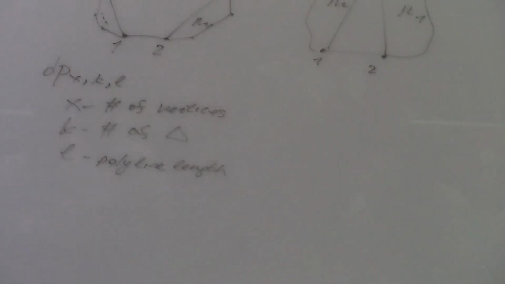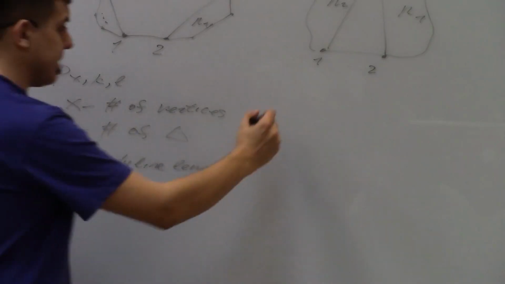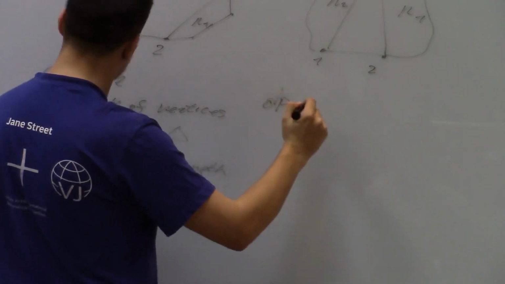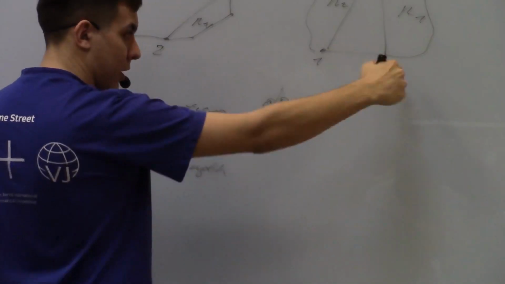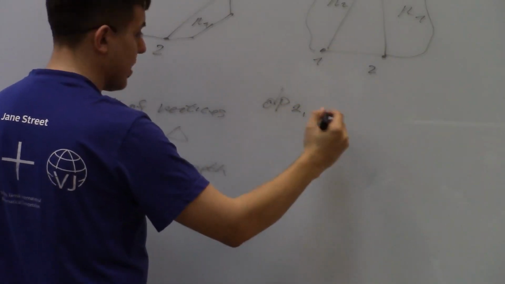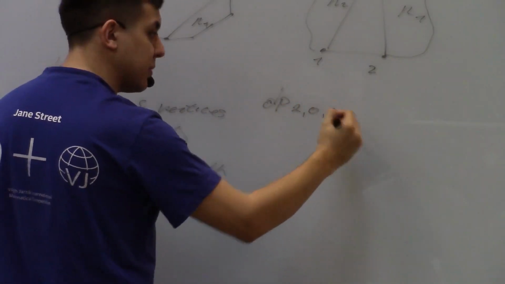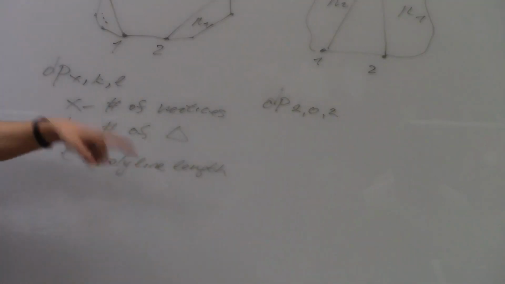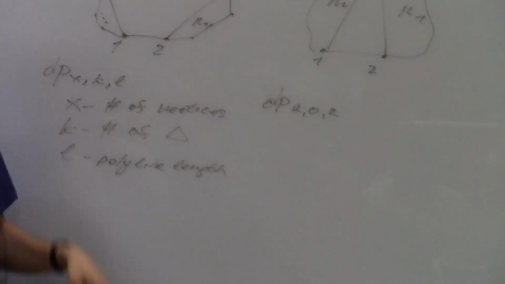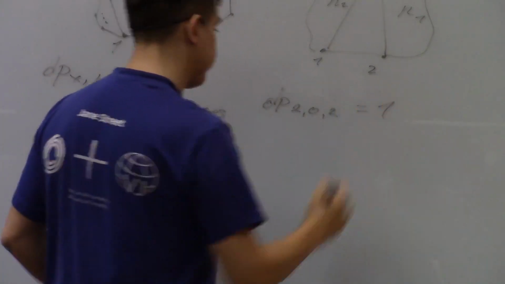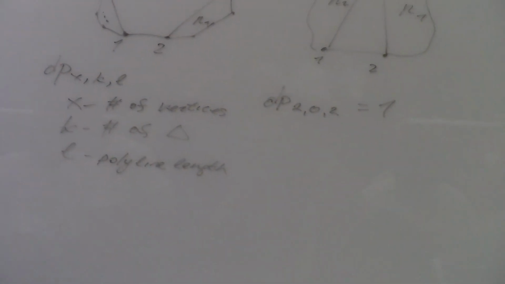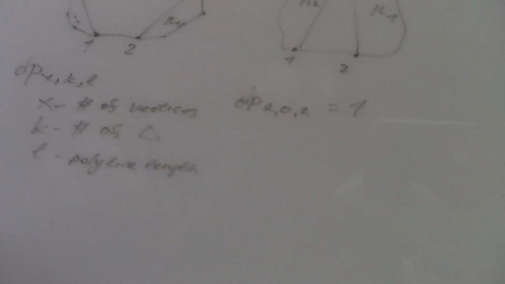And so the initial condition is dp: we only use 2 vertices, we have 0 triangles so far, and the length of the polyline that contains 1 and 2 is 1. Okay, any questions so far?